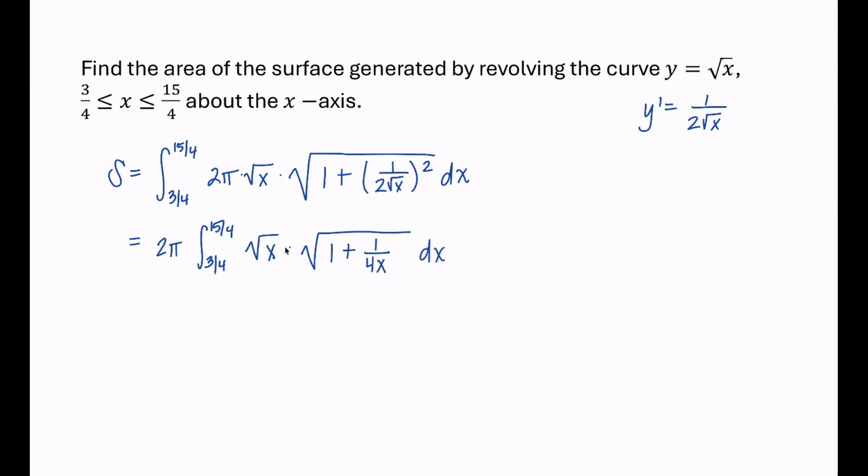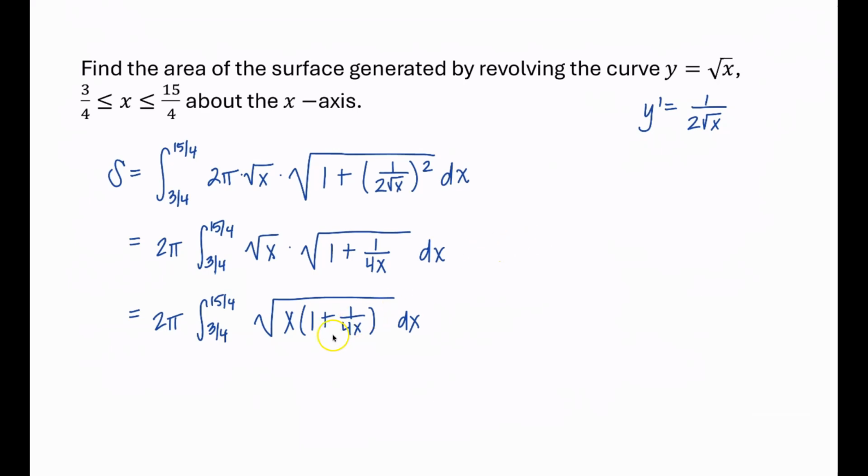What I can do is use properties of radicals when I multiply here. I get to multiply the parts underneath the radical together, so I can turn this into 1 square root. So 2 pi, the integral from 3/4 to 15/4 of the square root of x times 1 plus 1 over 4x dx.